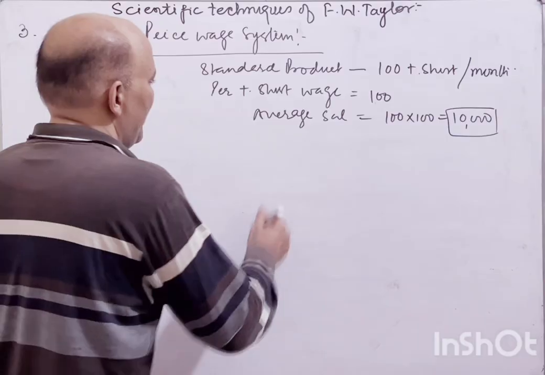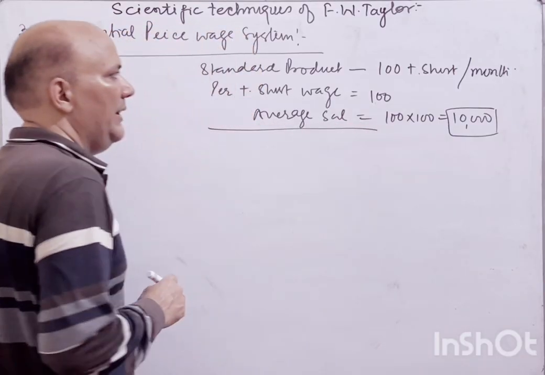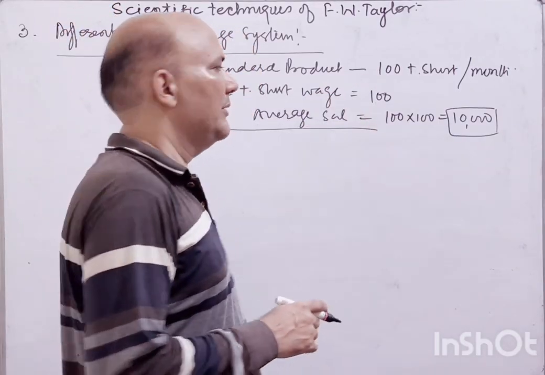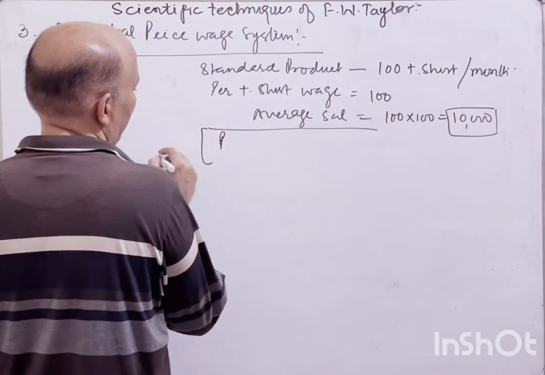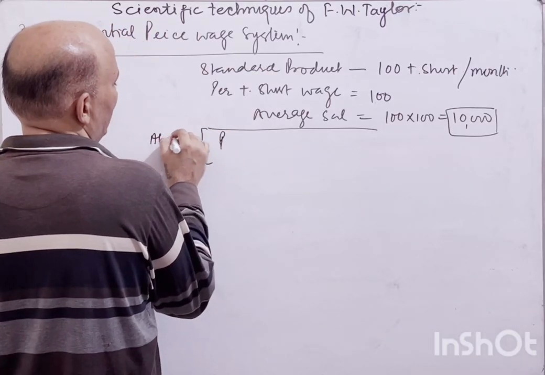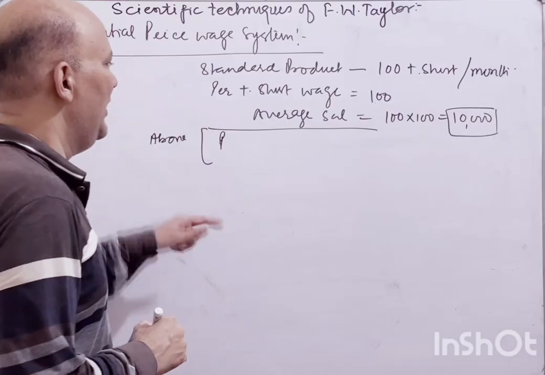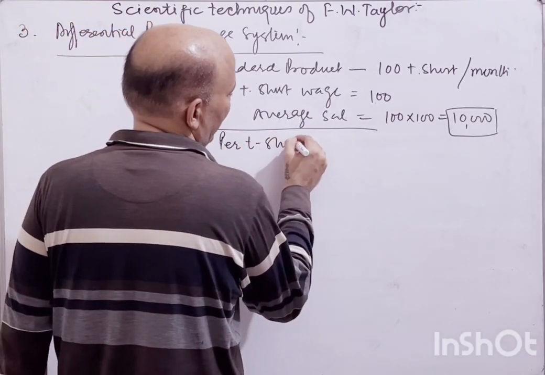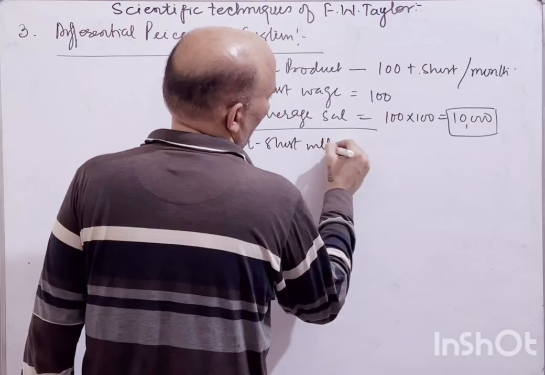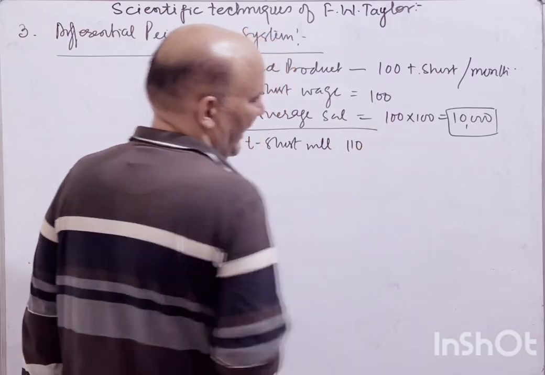If somebody is going below 100, the per t-shirt price... okay, let's first discuss above. If somebody is going above that, the per t-shirt price will be 110, right?